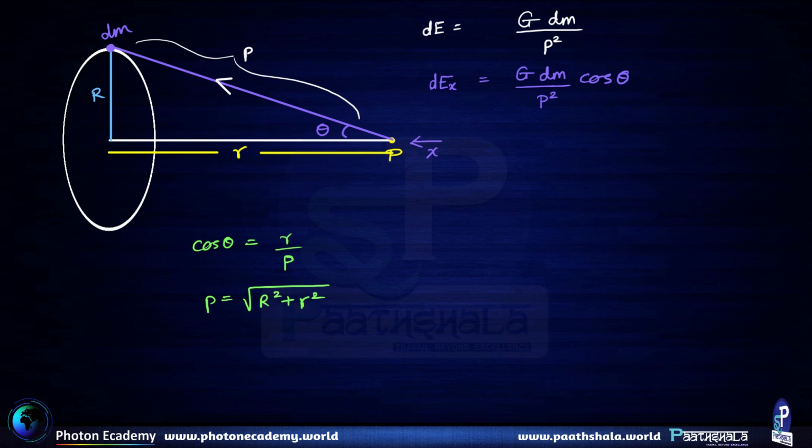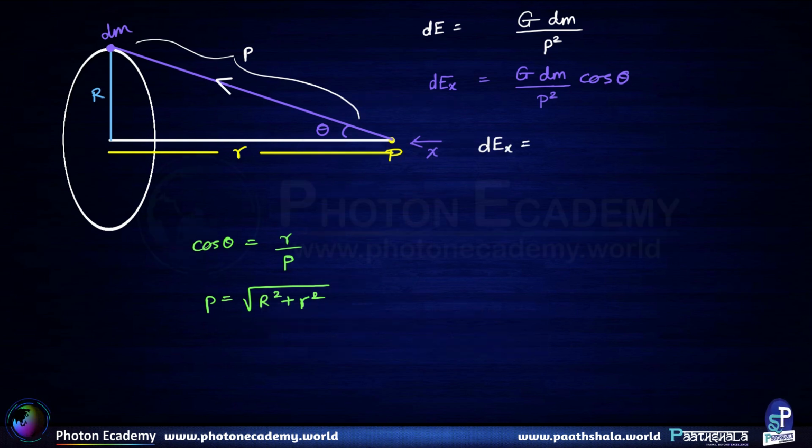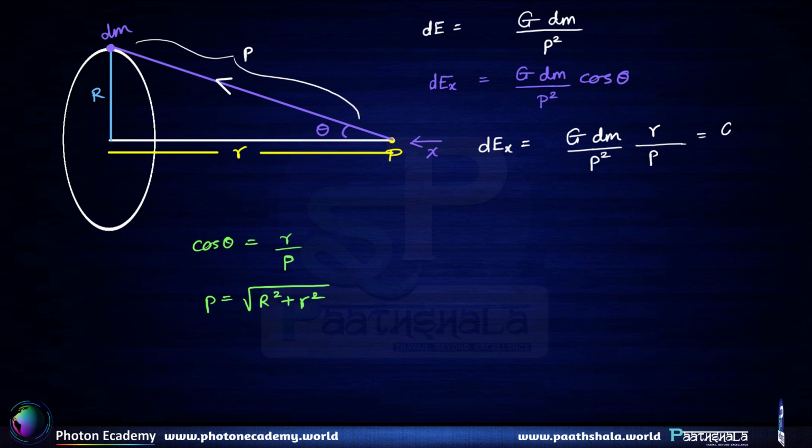So dE in the x direction, which is the only surviving gravitational field, is equal to G dm, and instead of cos theta we write r divided by P, with a P square. So this comes out to be G dm r divided by P cube.